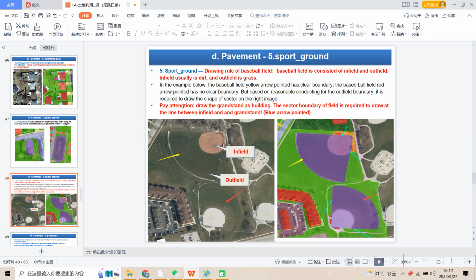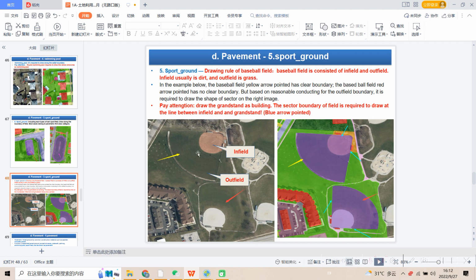And for the sports ground, we also need to be careful in one case, which is the baseball field. The baseball field consists of infield and outfield. The infield is usually dirt and the outfield is grass. In the examples below, the baseball field the yellow arrow points to has a clear boundary, right? And the baseball field the red arrow points to has no clear boundary.